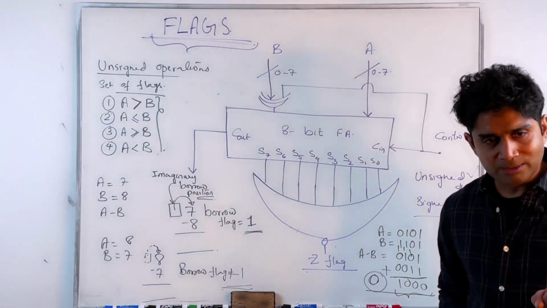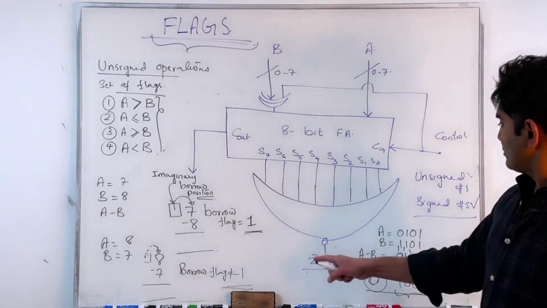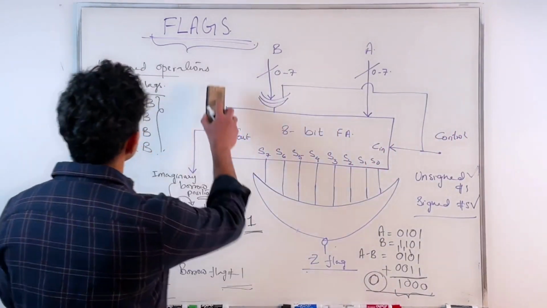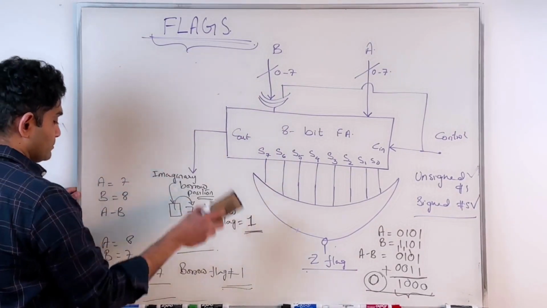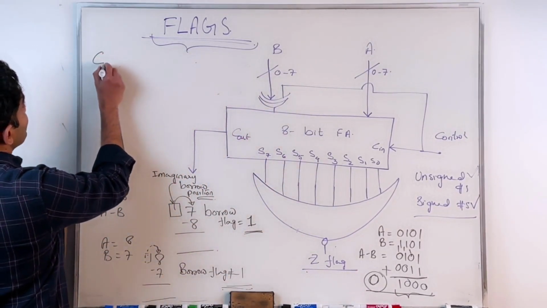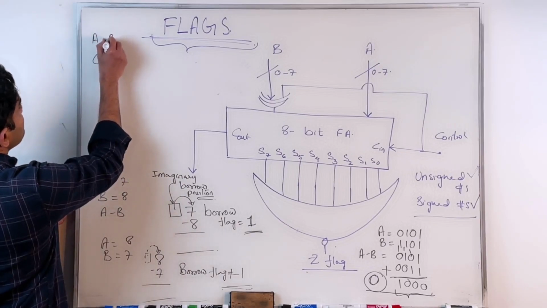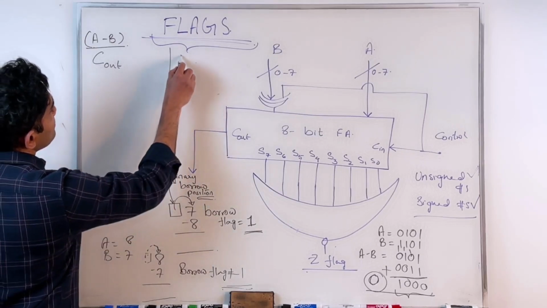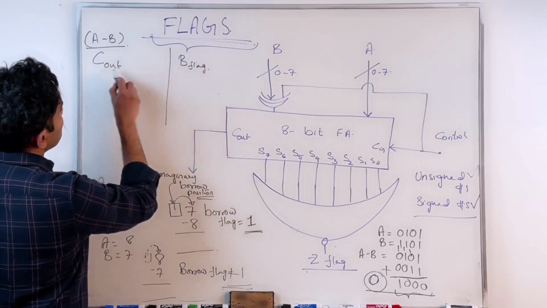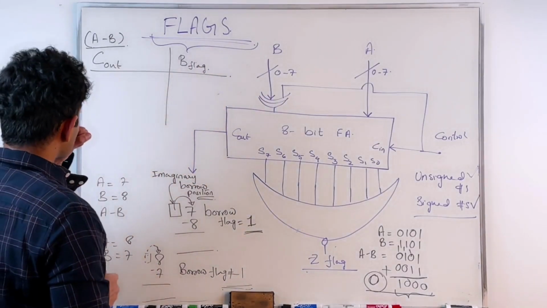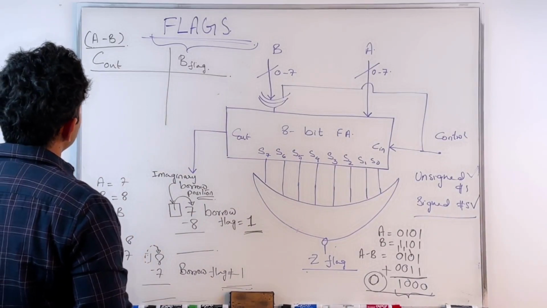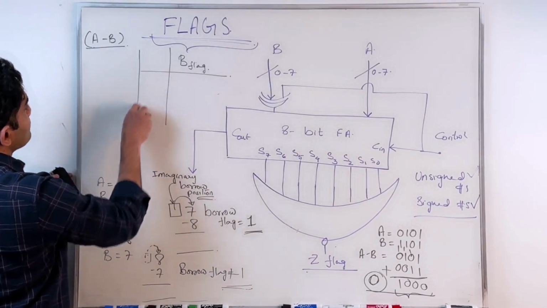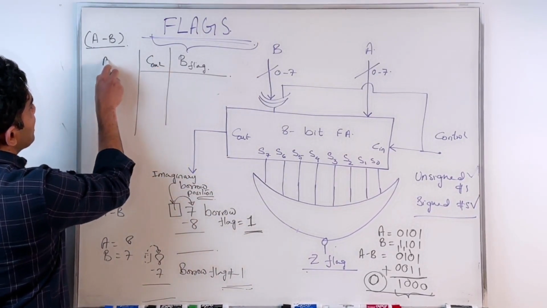If my Cout is a 1, that indicates that my A is larger than B. Okay, let me summarize this here. I'm doing the A minus B operation. I look at Cout and call that the borrow flag.